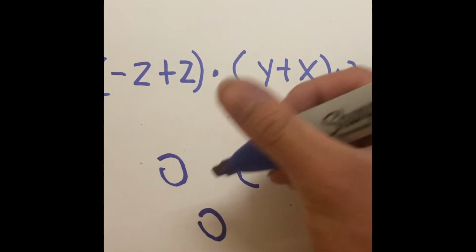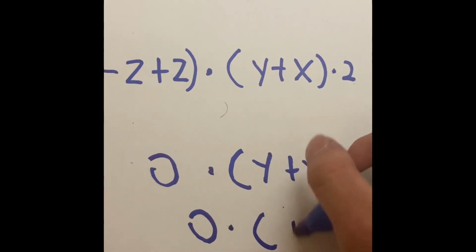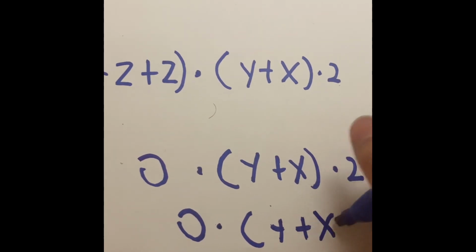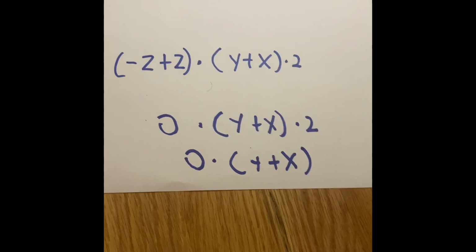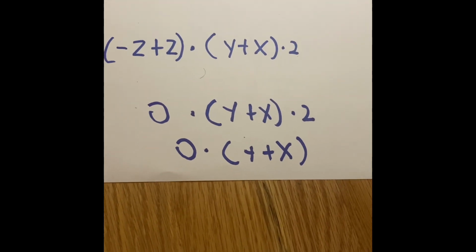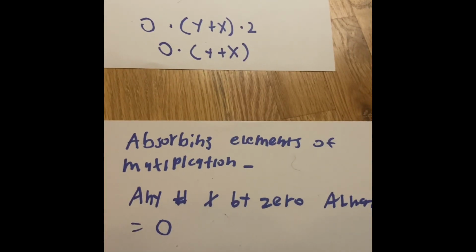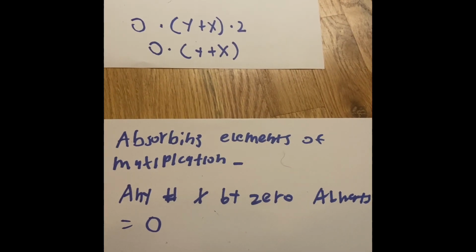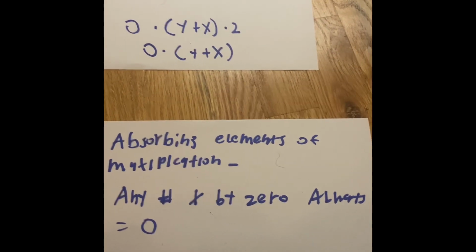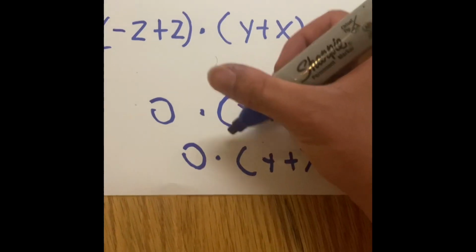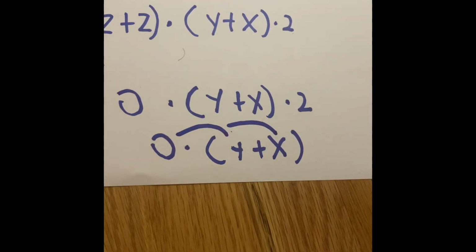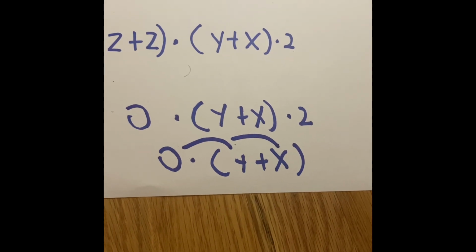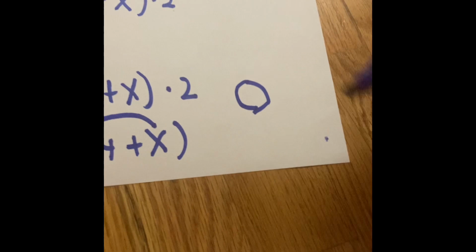So 0 times y plus x is one of the last steps, but we're not done yet. By the absorbing element of multiplication, any number times 0 always equals 0. If I do the distributive property with 0 times y and 0 times x, it completely destroys everything, making our result 0, nothing.